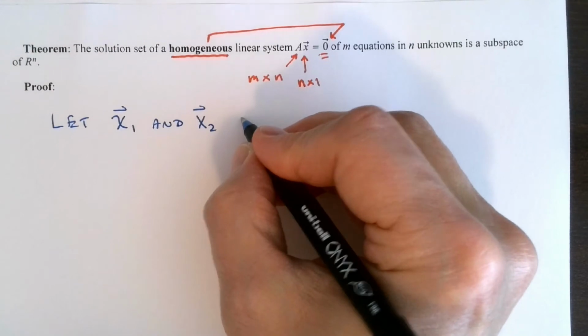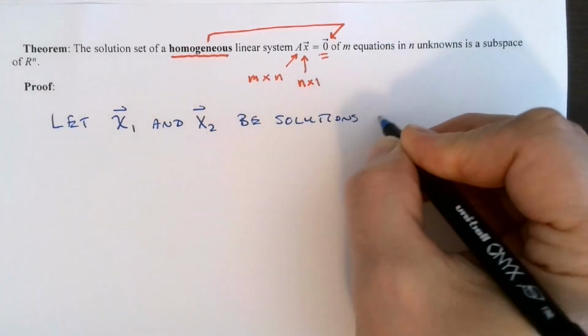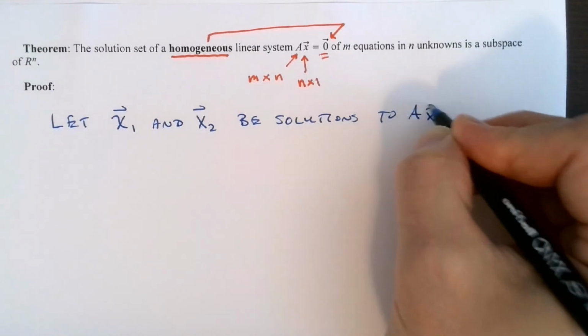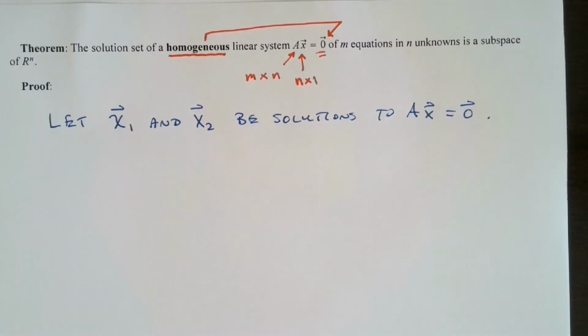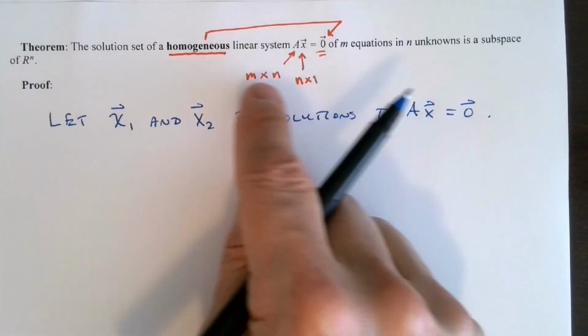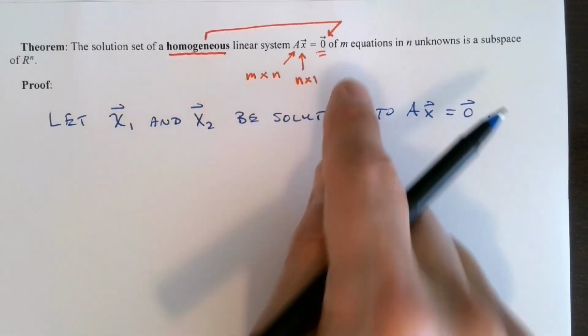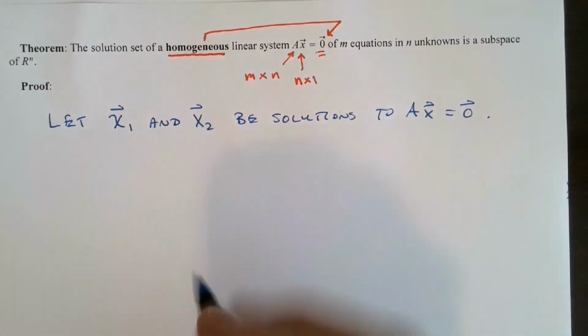Let x1 and x2 be solutions to AX equals 0. Those are the vectors that we have here. These are n-tuples. The 0 vector, by the way, is an m by 1, because when I multiply these two together, I get m by 1. But x is n by 1, so is x1, x2.